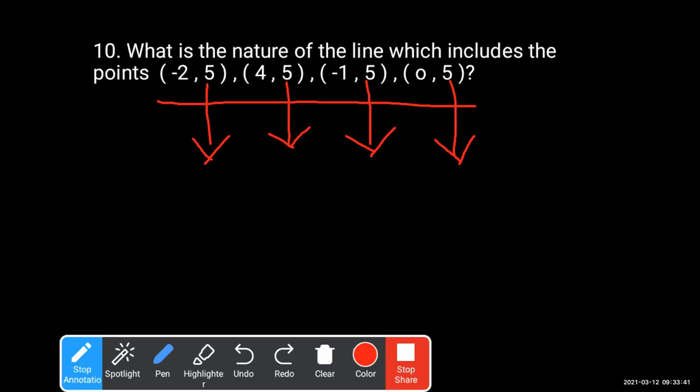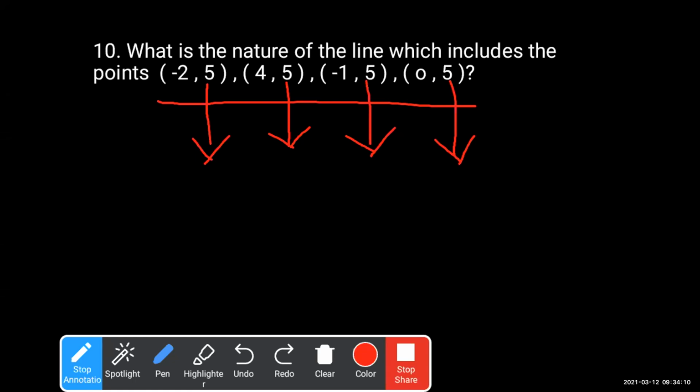So if you plot all the points, you will see that these points will be parallel to the x-axis.